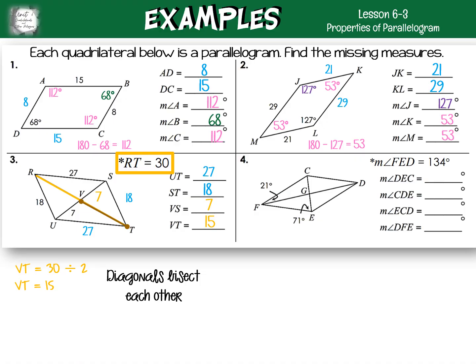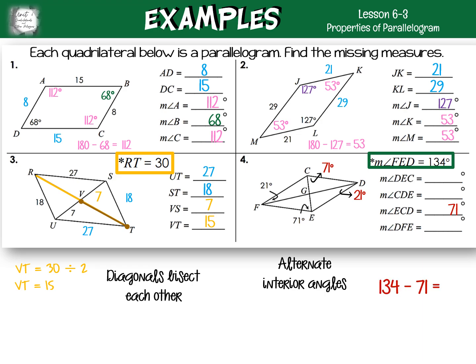Now we have a bunch of angles and a bunch of 3-letter names. We know alternate interior angles are congruent, so that's going to help us find some. So that angle's also 71 degrees. That's angle ECD. And this angle's 21 degrees. And we know measure of angle FED is 134.